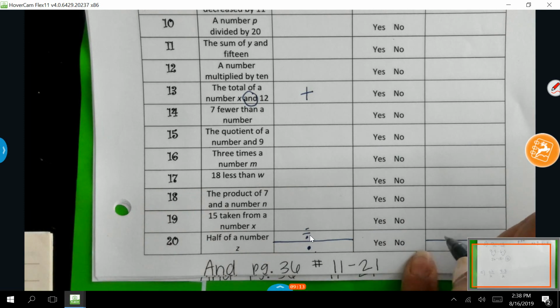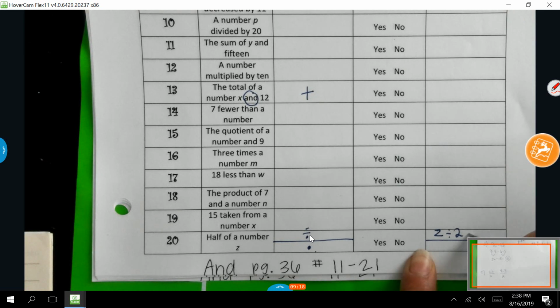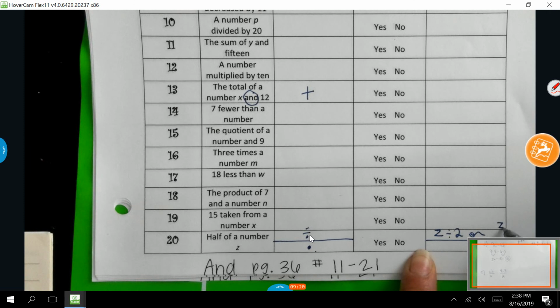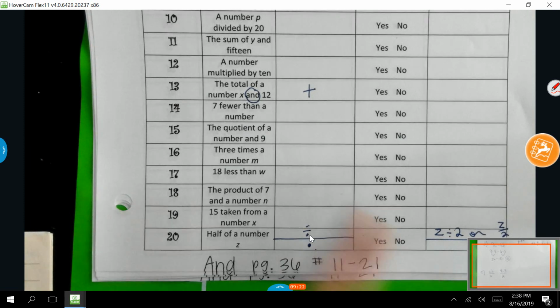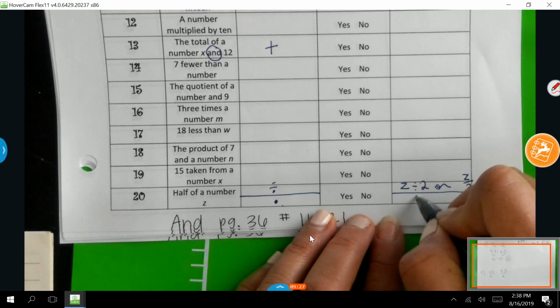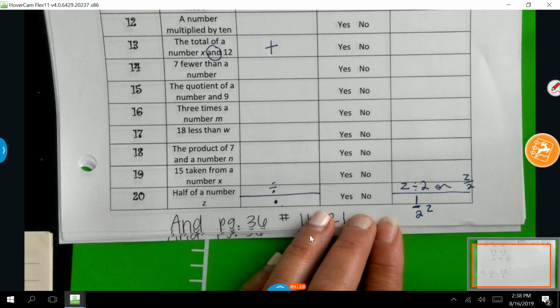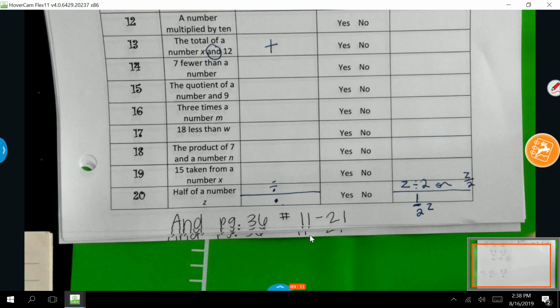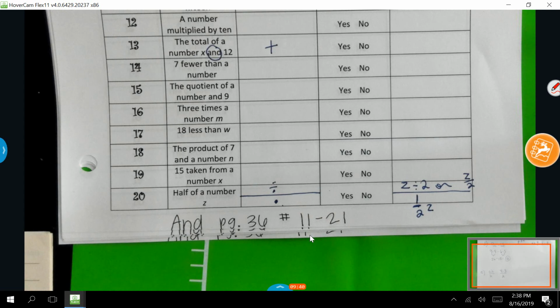So you could take a number z, so you could do z divided by 2, or if you wanted to write z over 2 as a fraction. But the other way you can do this is take half of z. You can pick one way. Most of you said divide, but in case somebody thought, well, of is on the sheet for multiplication, then you could do that. Okay?